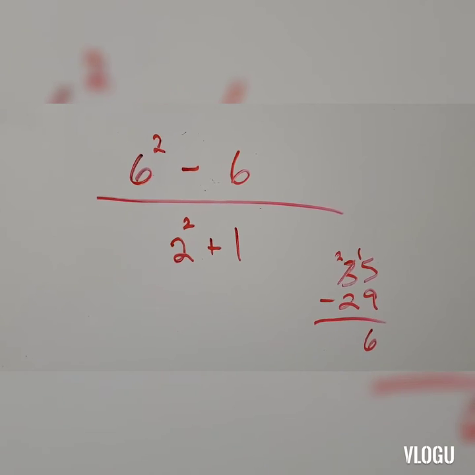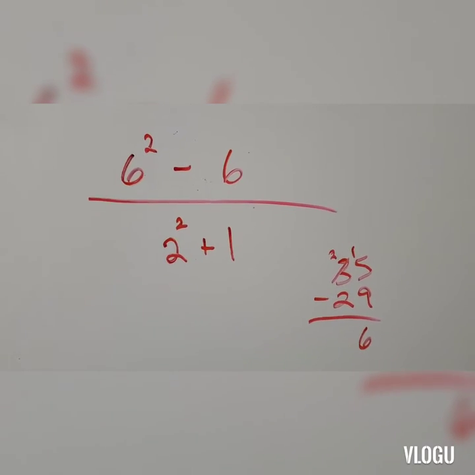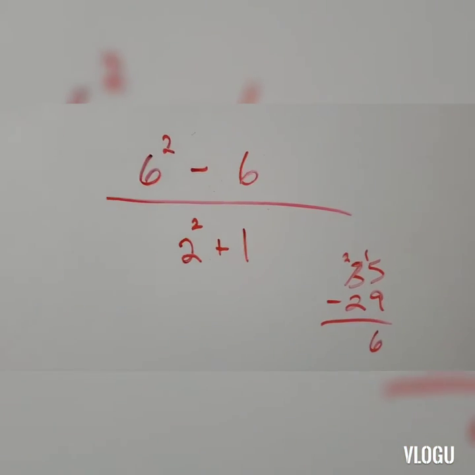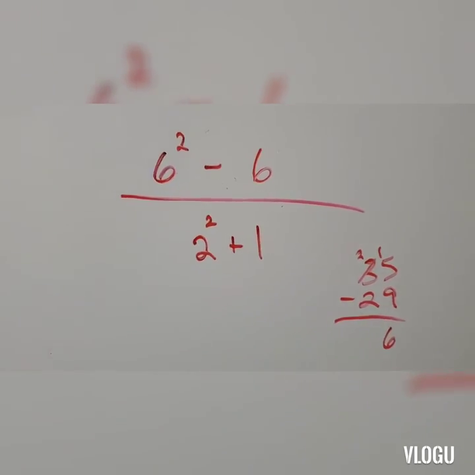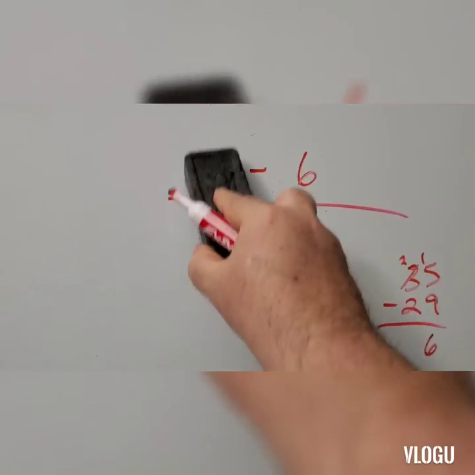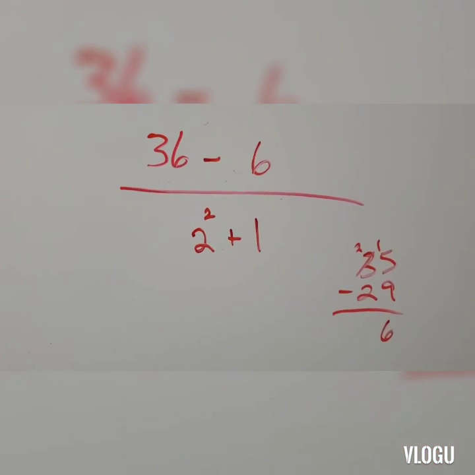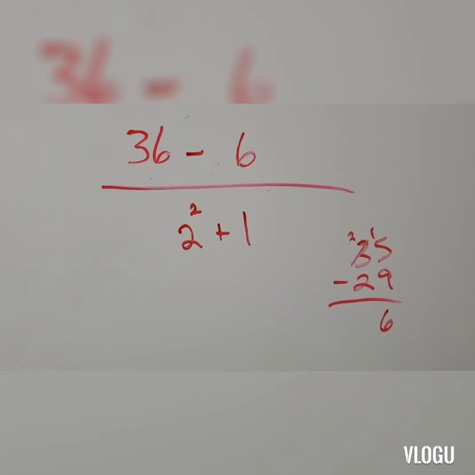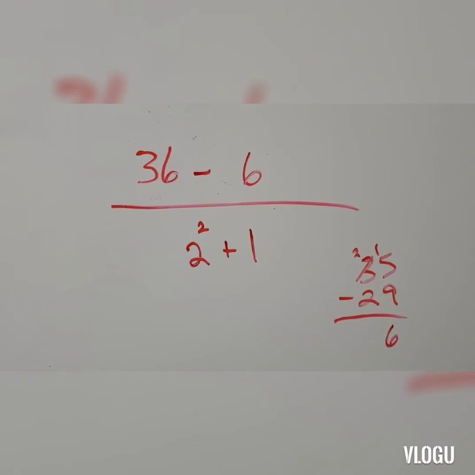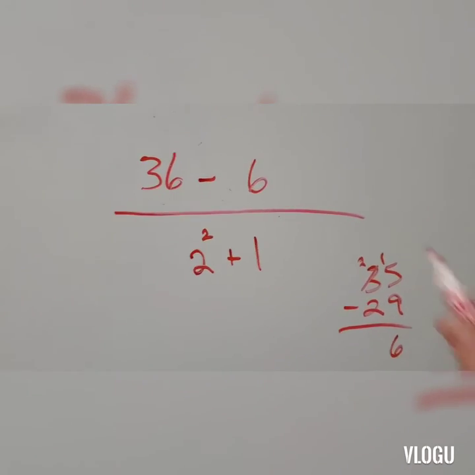The next thing I'd look for are exponents. I see an exponent. I see 6 squared. 6 squared, I know, is 36. I don't have any multiplication or division up here.